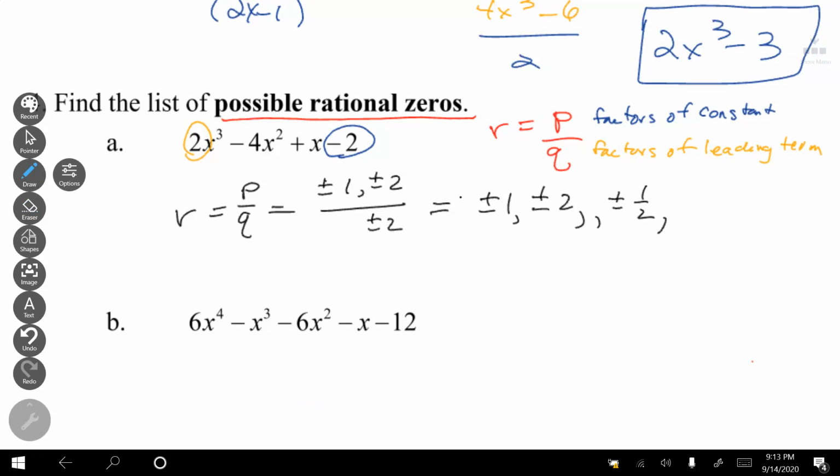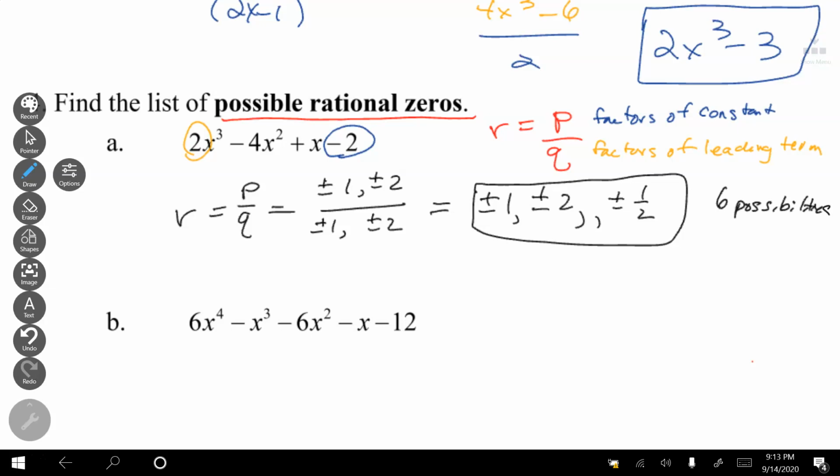And then finally, 2 divided by 2 is plus or minus 1. But I already had plus or minus 1. I don't have to list the same thing again. So this is the possible rational zeros. There are 6 possibilities. Obviously, there's not 6 zeros. There's only 3 of them. But if it's factorable, it has to come from this list.